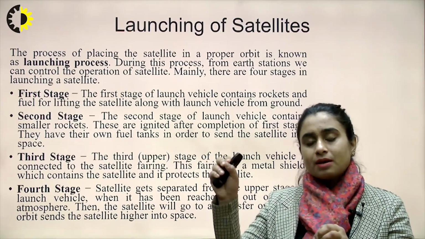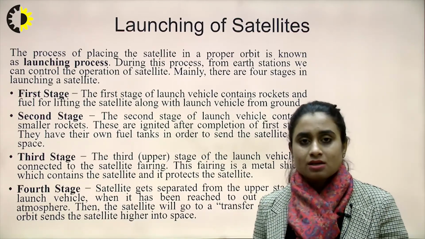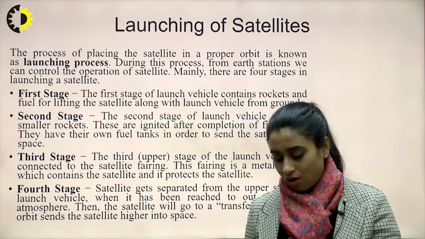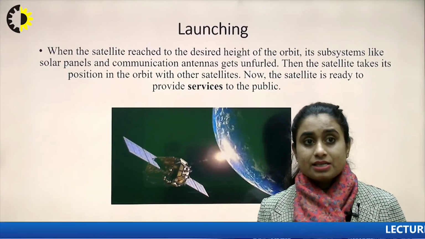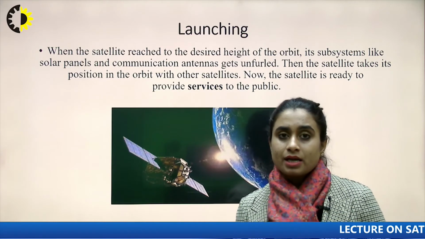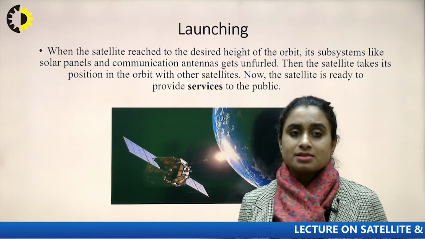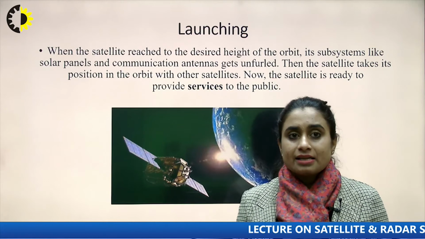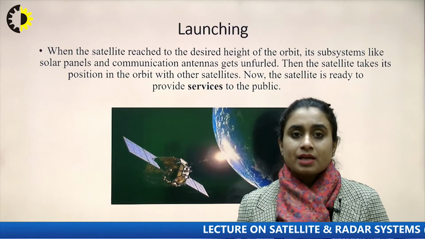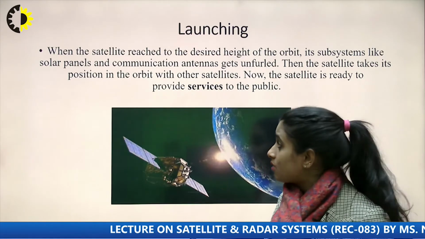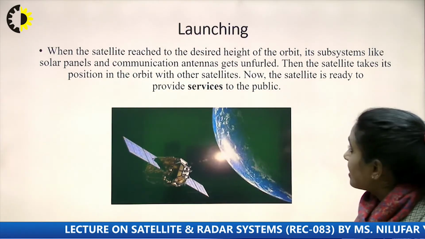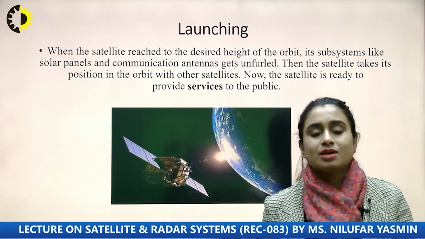All this opens up when the satellite reaches its actual orbit. Its subsystems like solar panels and communication antennas get unfurled, and the satellite takes its position in the orbit with other satellites. Now the satellite is ready to provide services to the public.